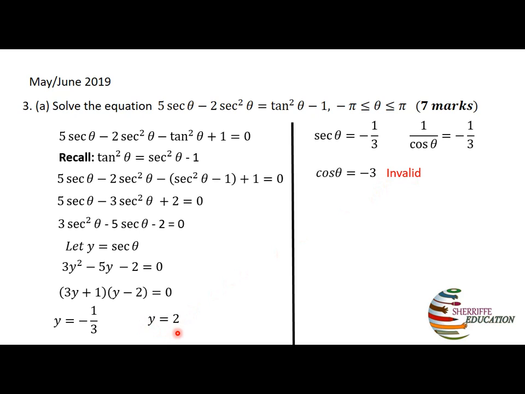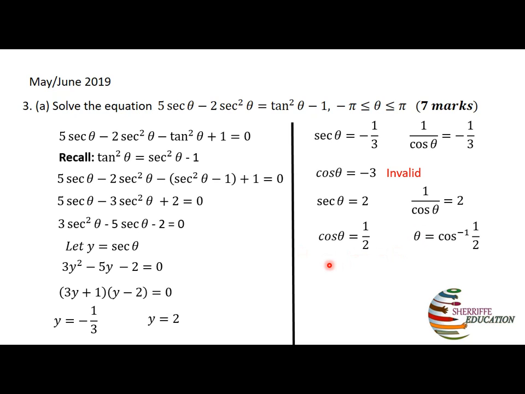So we got y to be equal to 2, and similar to what was done earlier, we can say that sec theta is equal to 2. 1 over cos theta is equal to 2. And remember, 2 is just 2 divided by 1, so 2 over 1. Reciprocating both sides will give us cos theta equal to a half.